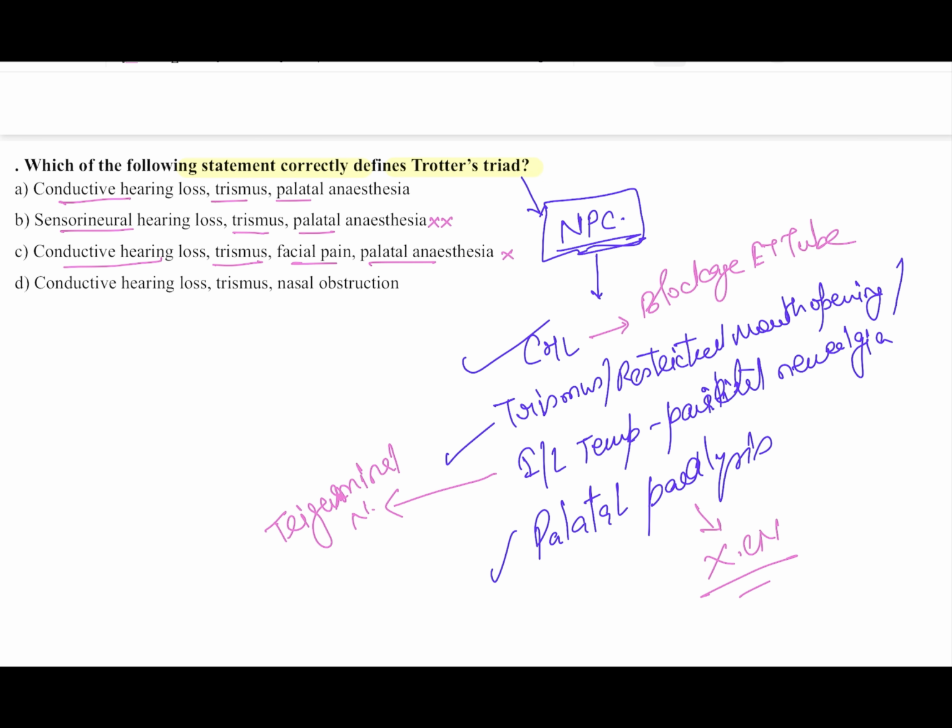This is also not the correct answer. Conductive hearing loss, trismus and nasal obstruction, this will also not be the answer. So correct answer will be conductive hearing loss, trismus and palatal anesthesia. So this is the correct answer. So this is about Trotter's triad.